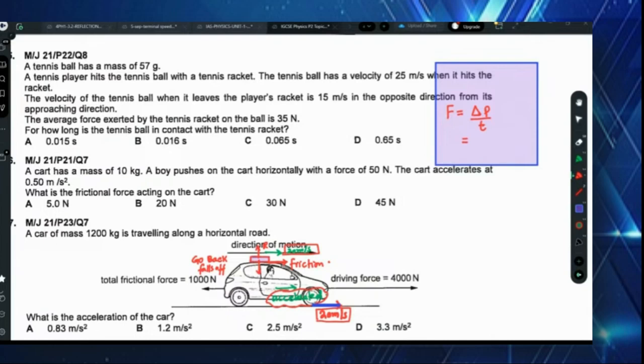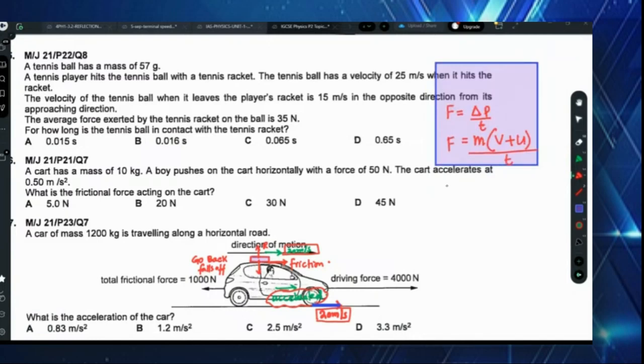Rebound means the ball hits the racket and then it moves in the opposite direction. So you have force, you have change in momentum. Change in momentum is what? M into V. I told you in case of rebound, what will you do? You will use plus. So m times (v plus u), divided by t, is equal to force.